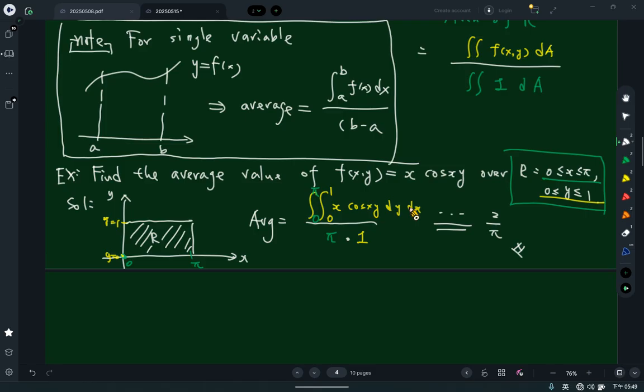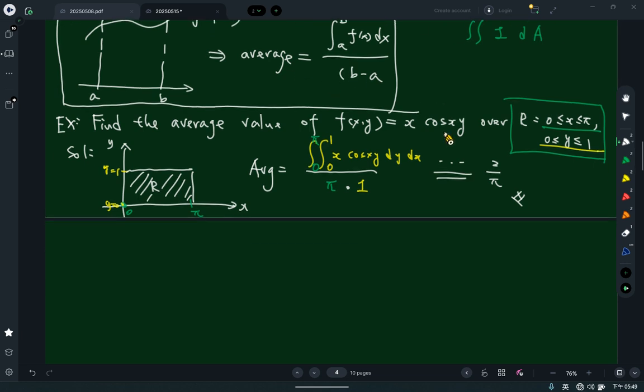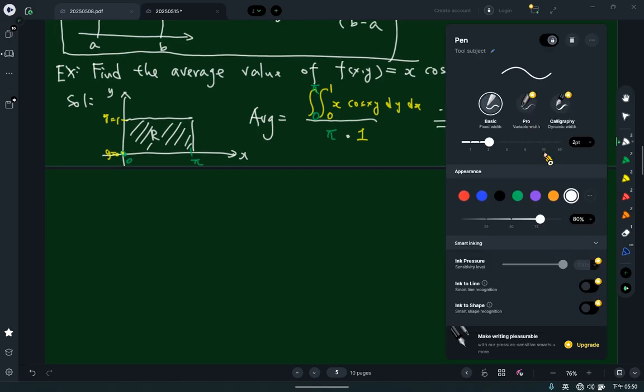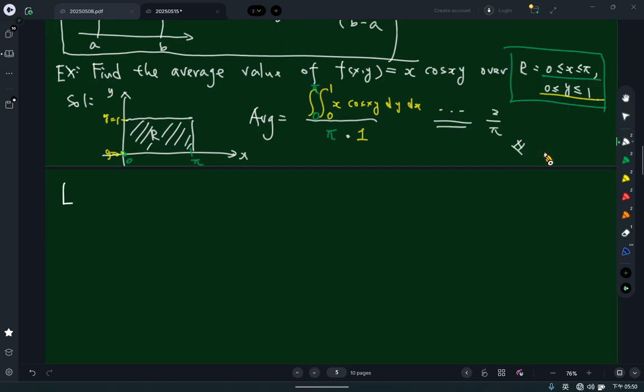You don't need a complex integration to get the result. So you can just simply use pi times 1 and get the area of the region.